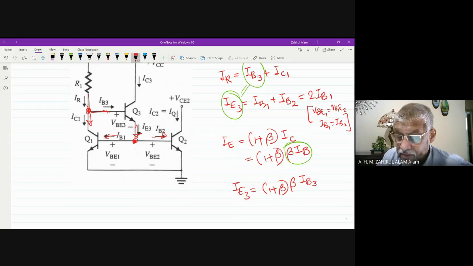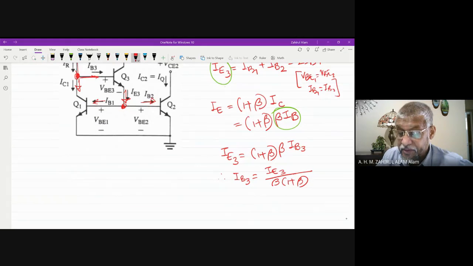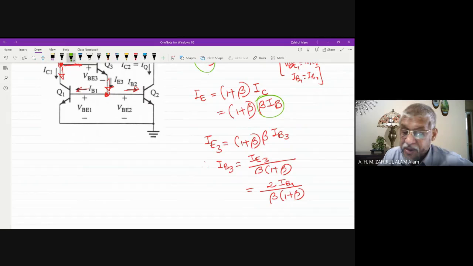Then I can write IB3 is equal to IE3 divided by 1 plus beta. Now again, what is IE3? IE3, as we have mentioned, is 2 times IB1.